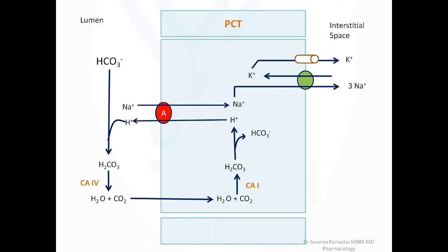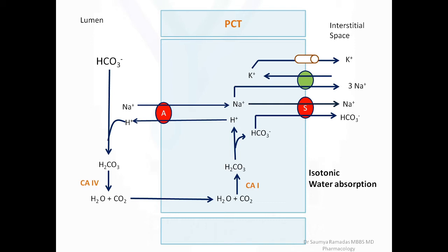The bicarbonate ion, thus formed inside the proximal tubular cell, moves alongside sodium with the help of sodium-bicarbonate symporter into the interstitial space. Following which there is proportionate absorption of water, that means there is an isotonic water absorption.